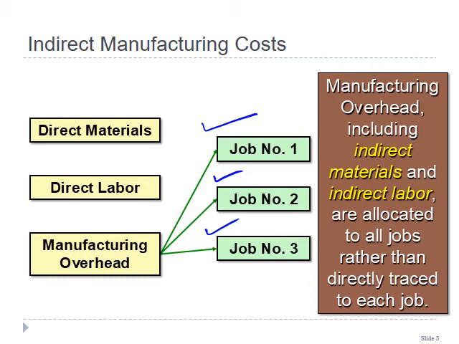So manufacturing overhead, including indirect materials and indirect labor, which represents other manufacturing costs like power used to run the manufacturing facility or machinery in the factory, cannot be traced directly to a specified job. Rather, it is allocated to a job on the basis of a predetermined rate, and we're going to see it in our coming slides.